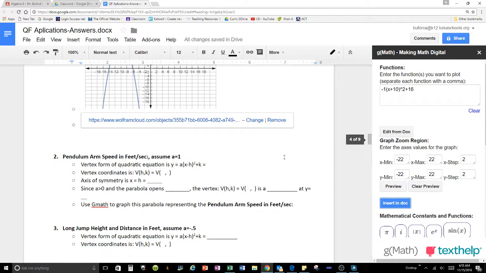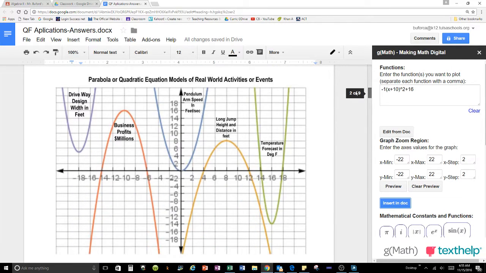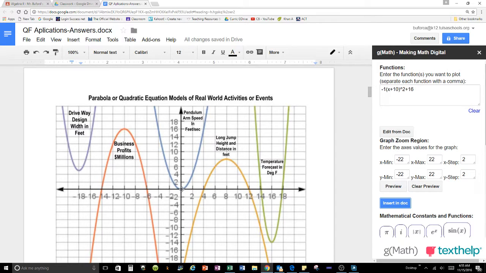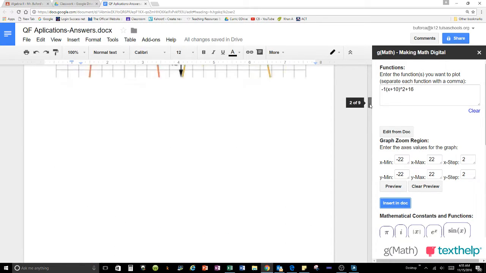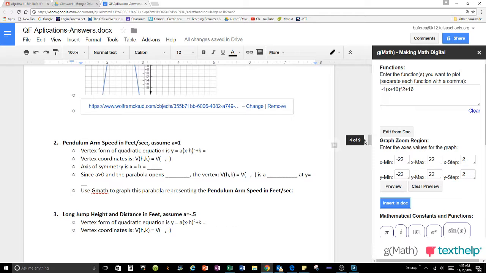Okay, so let's go on to the pendulum, and we see that the H and the K are 0, because at the vertex we see the H and K are 0. So come back to the pendulum, speed of the pendulum. H is 0, K is 0, A is equal to 1.